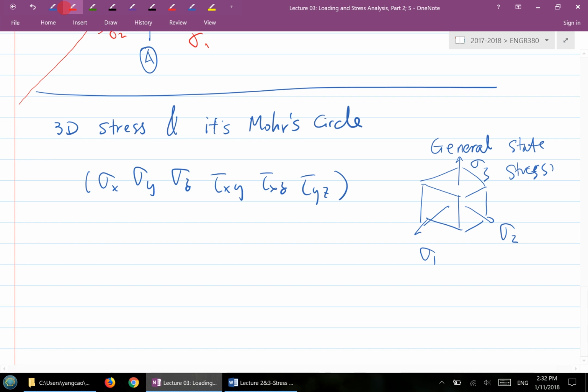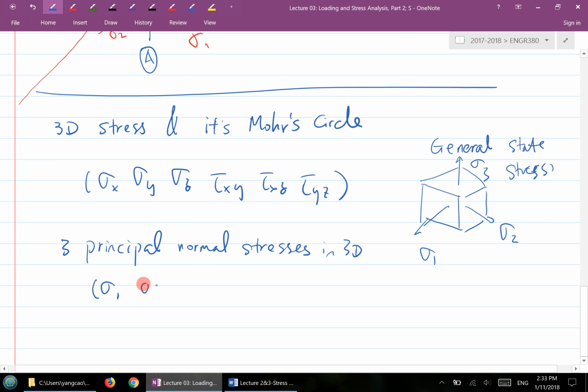Just bear in mind we will have 3 principal normal stresses in 3D, and they are sigma 1, sigma 2, and sigma 3.